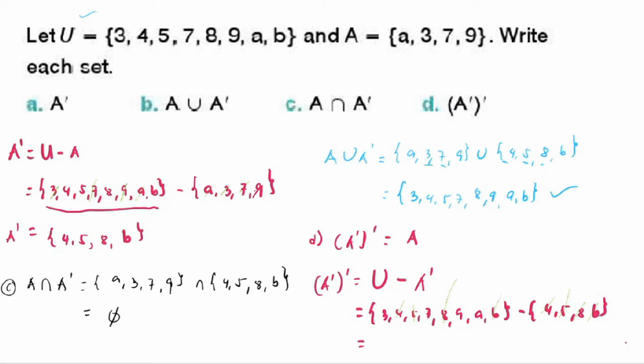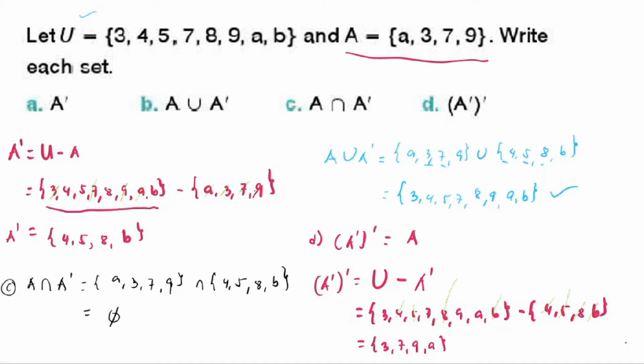So what are the remaining elements? Let us write the remaining elements. We have 3, 7, 9, A. Okay, so compare this one to set A. Set A here is A, 3, 7, 9.